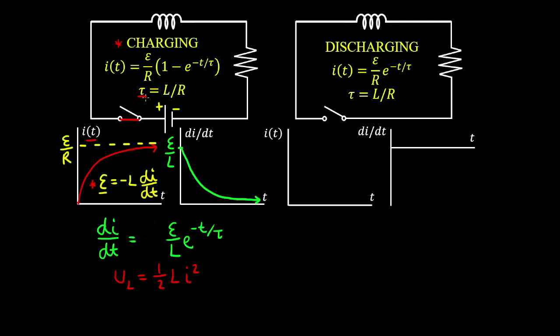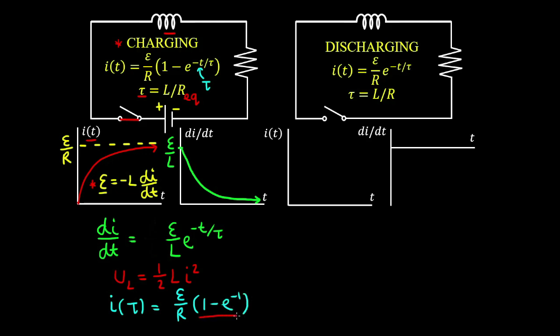Now the time constant tau measures how quickly an LR circuit will reach a steady state and is equal to the inductance on the resistance. Or if there's more resistors in a circuit, this may be the equivalent resistance. So in this case, for an inductor with an initially 0 current, we can substitute t is equal to tau, and therefore I of tau is equal to the EMF on the resistance by 1 minus e to the minus 1.